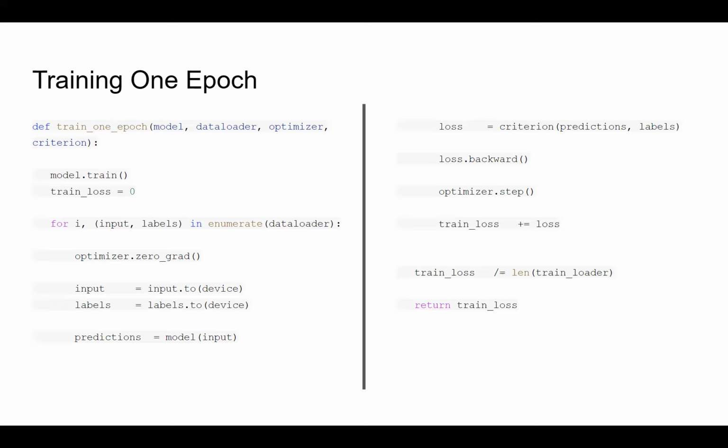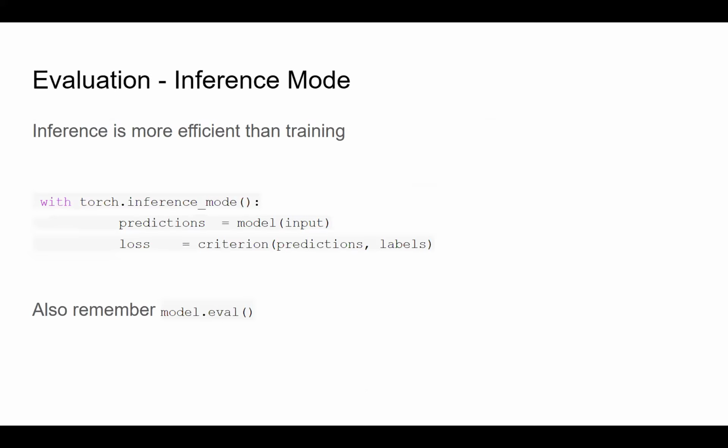Any questions? Cool. A final note: we showed you the training code just now. Eval will look very similar to that, except you want to set model.eval rather than model.train.